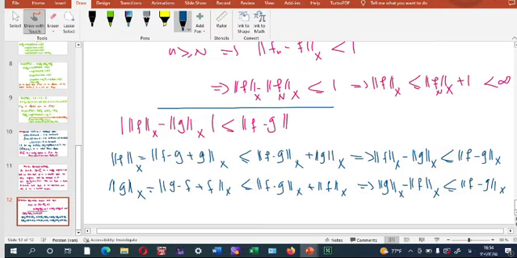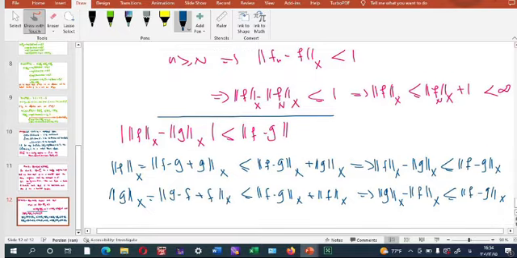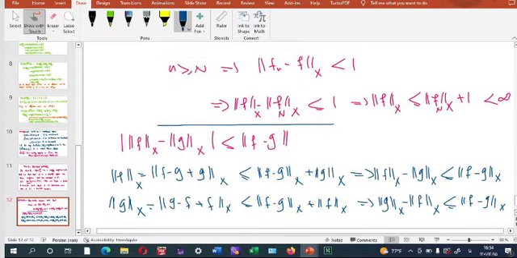And we use this inequality in this step, okay? Because this norm minus this norm is less than or equal to this norm.